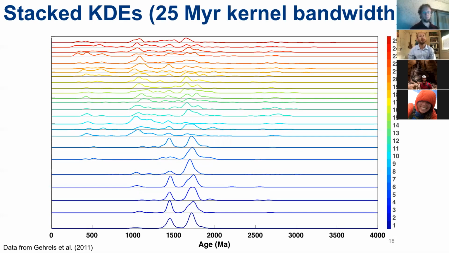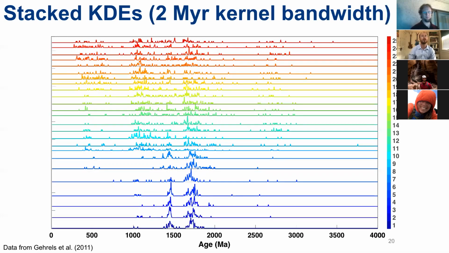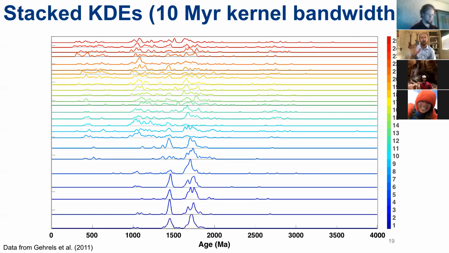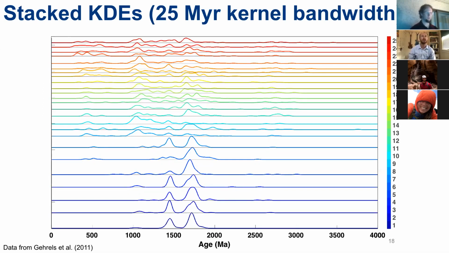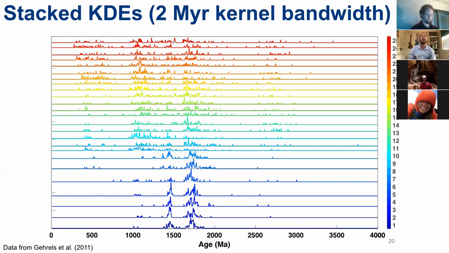So 25, 10, and you can get crazy with this and say, well, probably 2 is a little small, right? And so it gets really, really spiky. But the goal here is really that you just want to visualize your data. You want to be able to say something. Maybe you don't see what you want to see with this 25 million year bandwidth. Maybe you see a little more detail with the 10, and then 2 is maybe just a little ridiculous. So it's really a judgment call there.